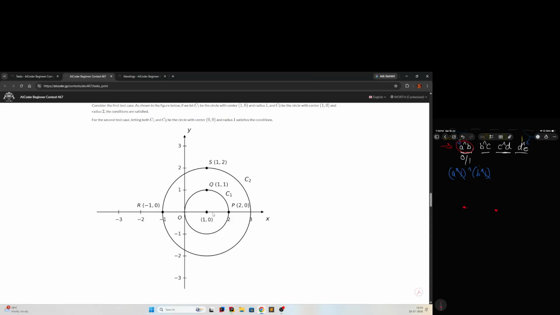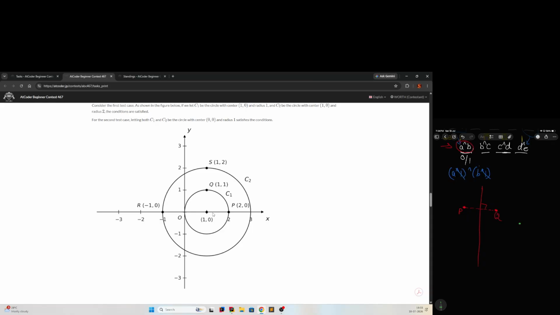So we take this line segment, we take the midpoint of it, and if we draw a perpendicular, I hope that makes sense. If we draw this perpendicular, the center of the circle has to exist on this line. If it exists anywhere on this line, then it will have the same distance from P and Q.